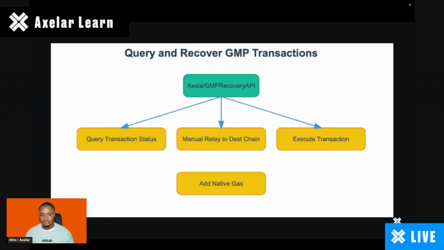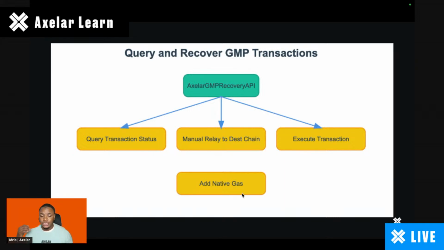So if you have a backend system set up, you can run a cron activity to check if at any point in time there's any execution. But in most cases the system is usually stable and all of this execution happens automatically without having to manually relay them yourself. So that's for execution.